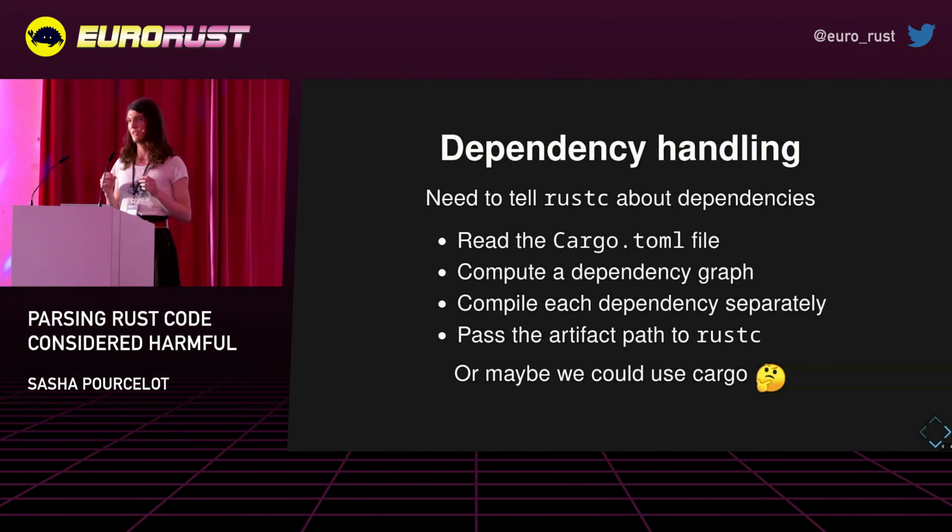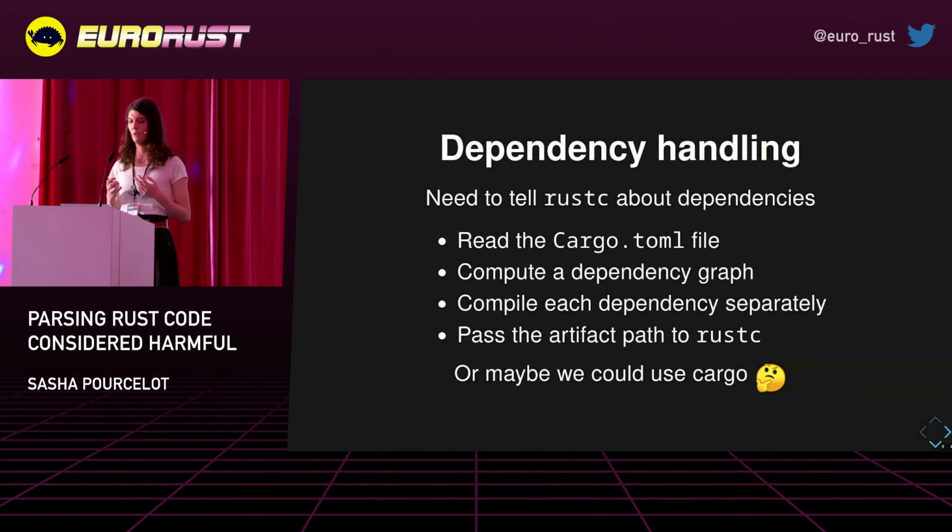Handling dependencies is complex. When running the compiler, even as a library, we need to tell it a lot of information about where to find all the dependencies of the crate we are currently compiling.